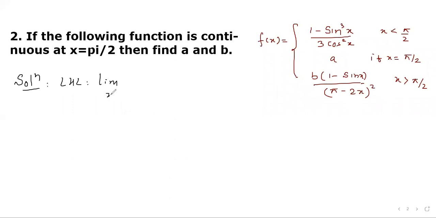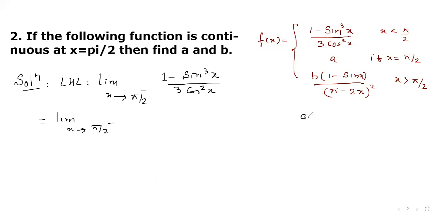limit x tends to pi by 2 minus of (1 minus sine cube x) divided by 3 cos square x. Here we can apply the a cube minus b cube formula. A cube minus b cube is equal to (a minus b) times (a square plus b square plus ab).